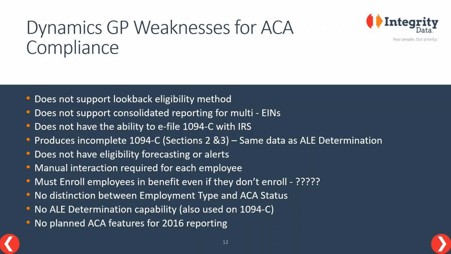My rule of thumb is if you have over 100 employees and any number of part-time employees, then you're really exposing yourself to potential risk and, of course, penalties if you're using Dynamics GP. Certainly if you have multiple EINs, or more than 250 eligible employees, by all means you should be utilizing a more comprehensive ACA solution to help you stay compliant. The price tag associated with the penalties is too high to not do something like that.